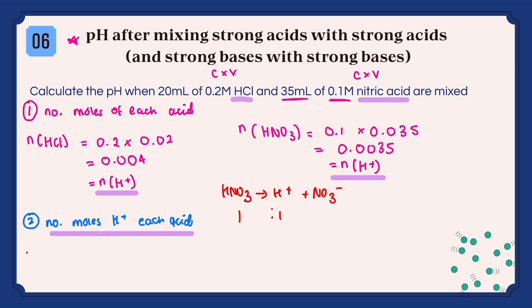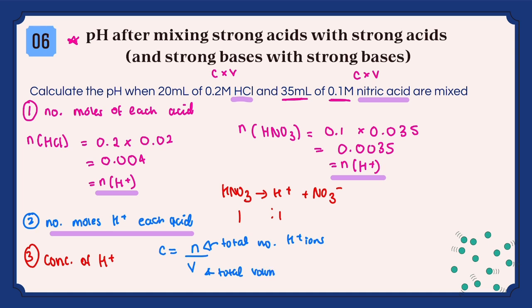So step number 3 is we're going to work out the concentration of hydrogen ions in the solution. Remember, concentration is equal to the number of moles over the volume. So we're going to do the total number of hydrogen ions over the total volume. Our HCl produced 0.004 moles of hydrogen ions, and our nitric acid produced 0.0035 moles of hydrogen ions.